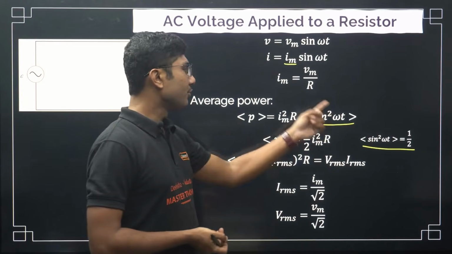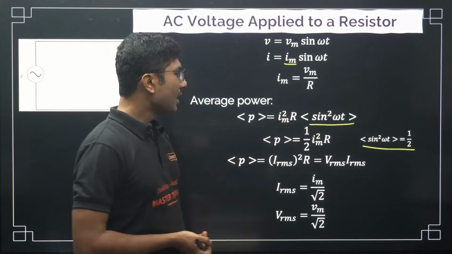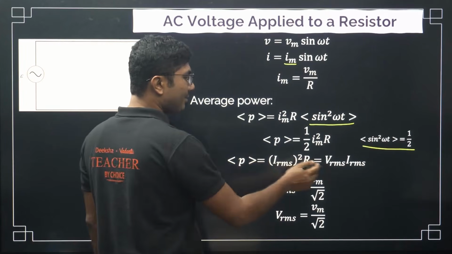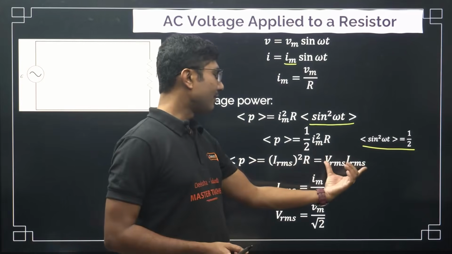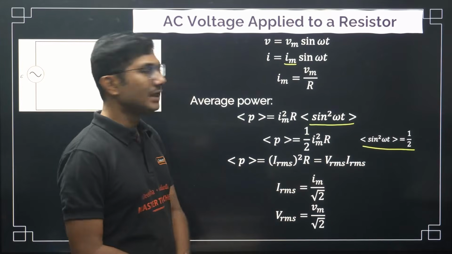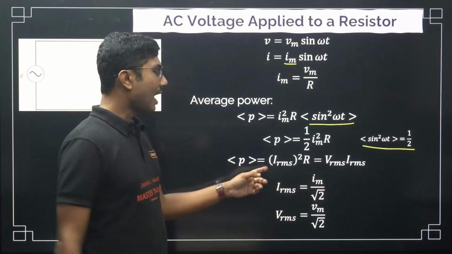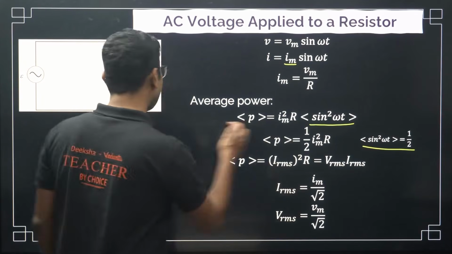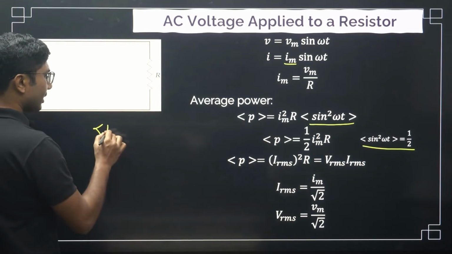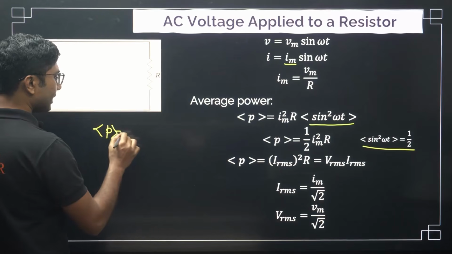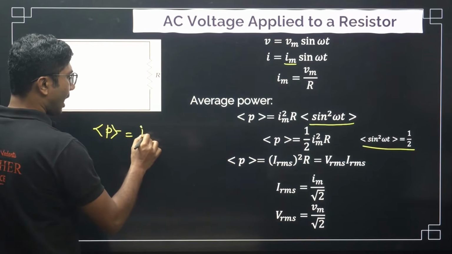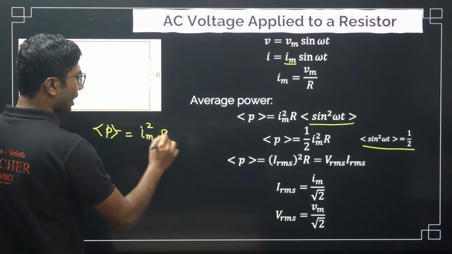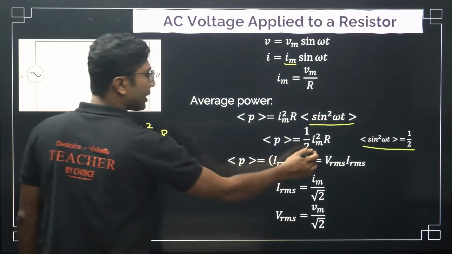If you put that value, you will get the average power. Now that average power can be written in this form. It is called Vrms into Irms. What we have found is that average power is basically Im square into R divided by 2, so there is a 2 coming.